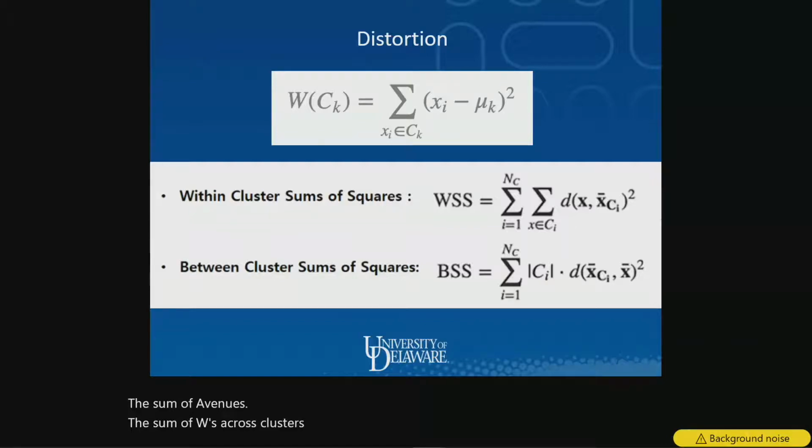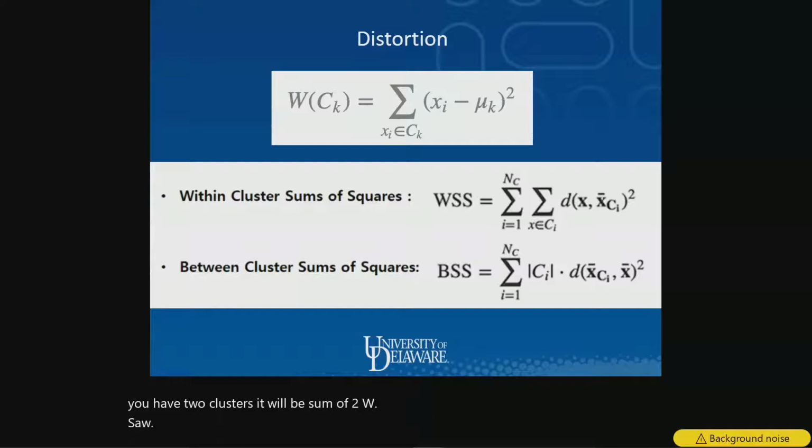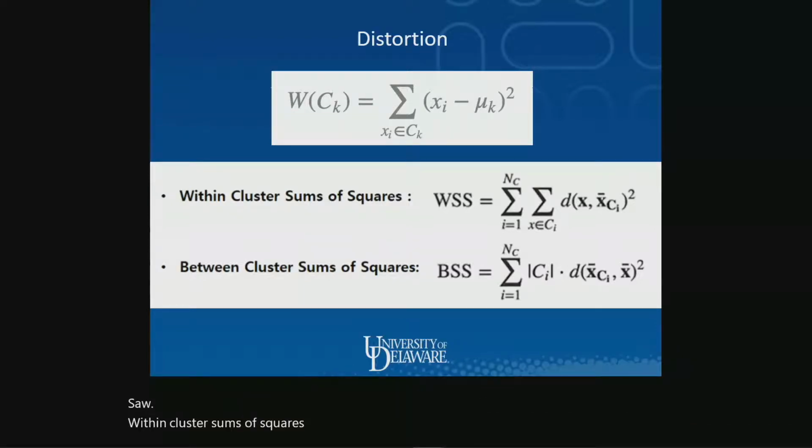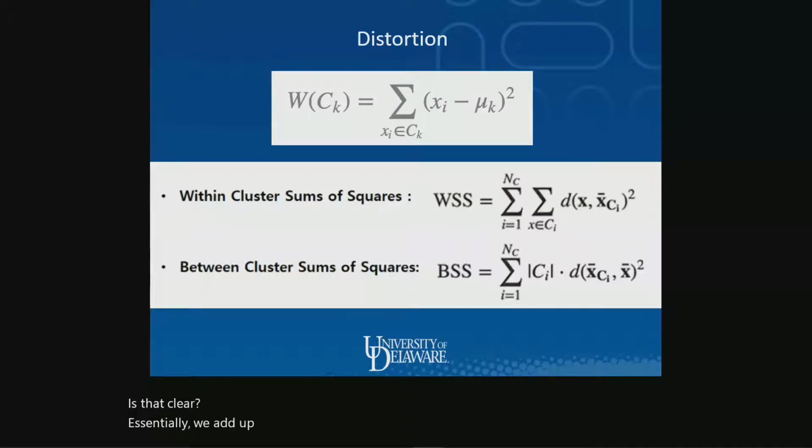So if we have 10 clusters, it will be the sum of 10 W's. If we have 2 clusters, it will be the sum of 2 W's. So within cluster sums of squares is the sum of within cluster sum of squares for each cluster. Is that clear? Essentially, we add up the sum of squares within each cluster.